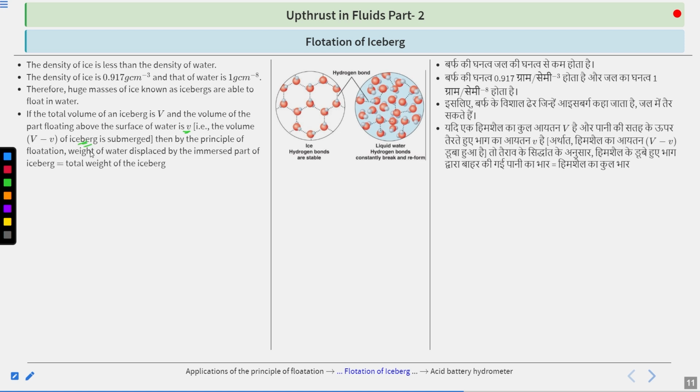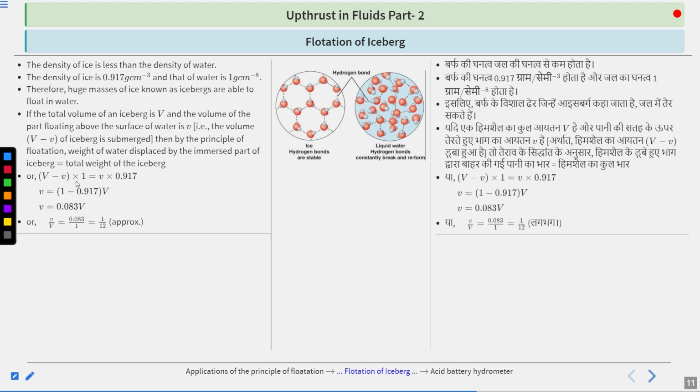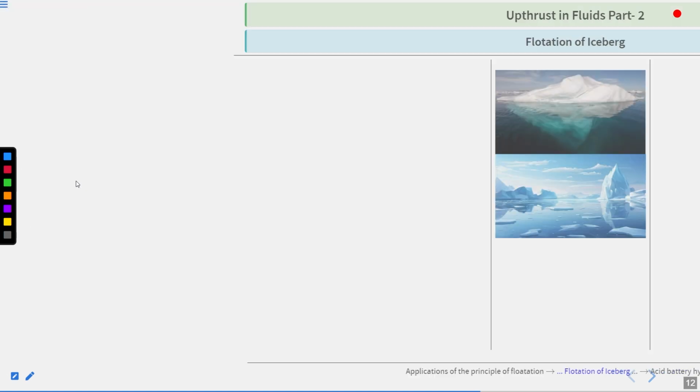Then by the principle of flotation, the weight of water displaced by the immersed part of the iceberg becomes the total weight of the iceberg, or (V - v) × 1 = v × 0.917, so v = (1 - 0.917) V, or v = 0.083 V, or v/V = 0.083/1 = 1/12 approximately.